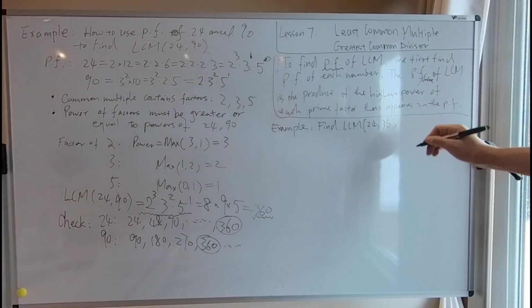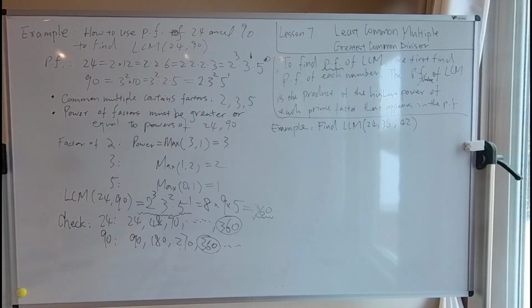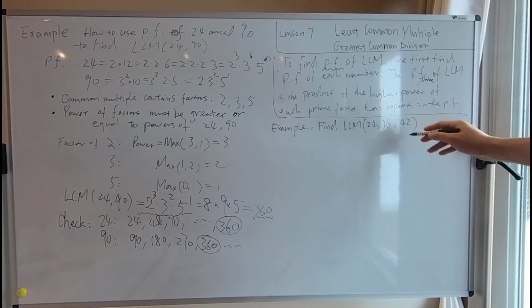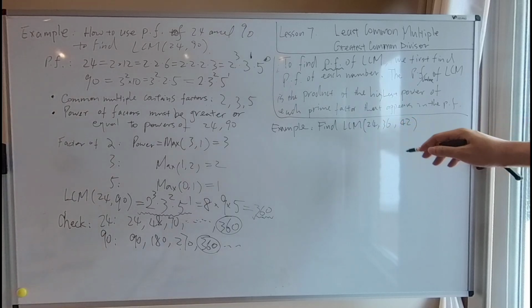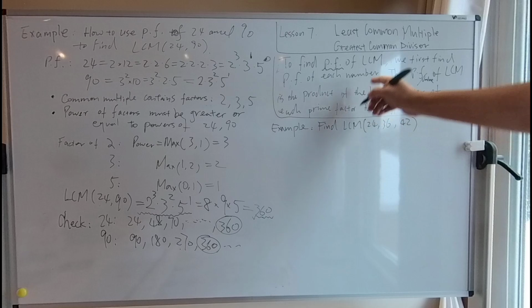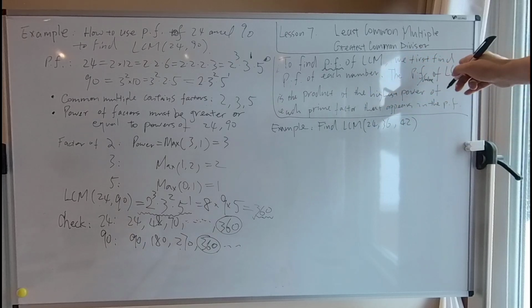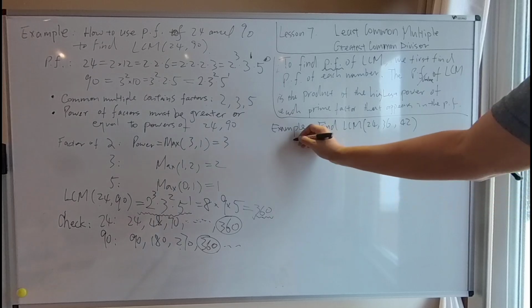So for example, as I just said, for the LCM, you don't necessarily only look for the common multiple among only two numbers. You can actually look for the common multiple among as many numbers as you want. So in this example, let's look for the least common multiple among three numbers. So first of all, the first step is we need to find the prime factorization of each number given.